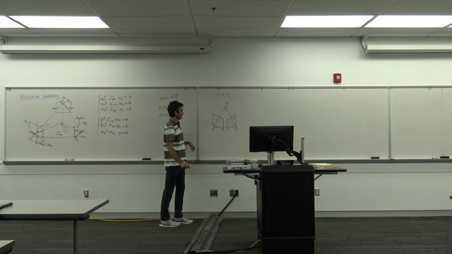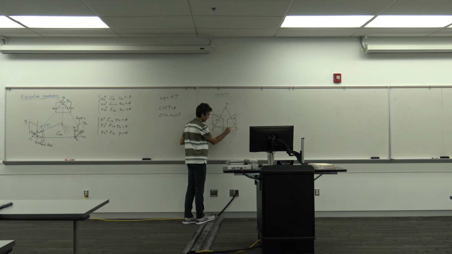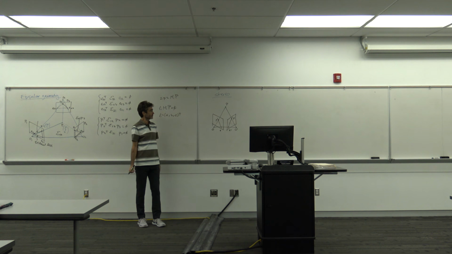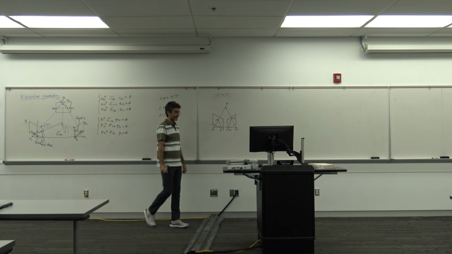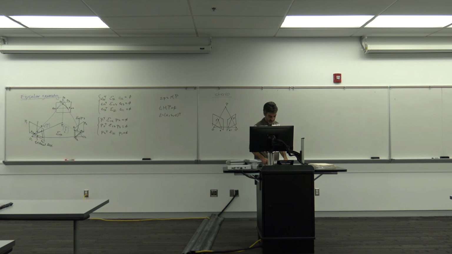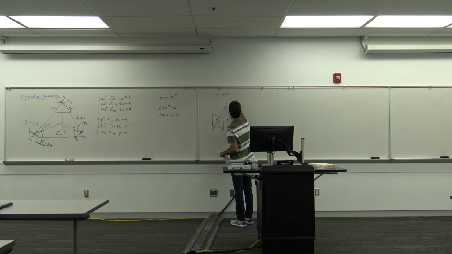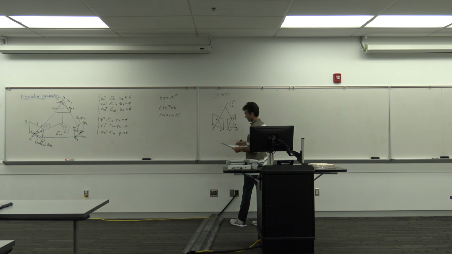And I have E, E prime, and my epipolar lines. Excellent. We're very familiar with this by now. And now how can I use this to recover my coordinates of x, y, and z for my point P? That's what I want to solve for now.